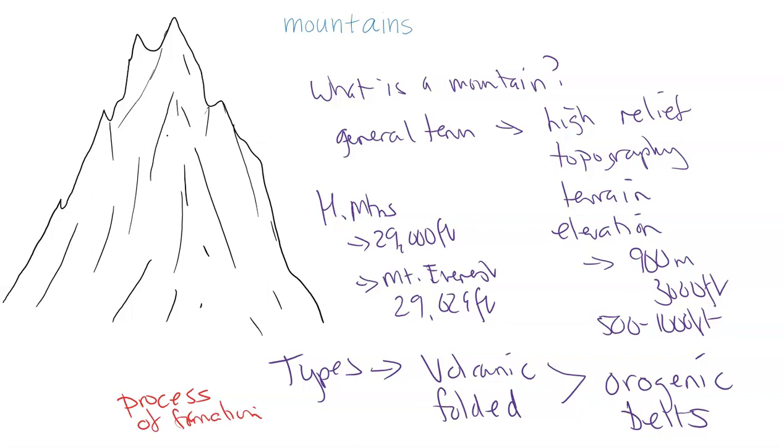So volcanic is obviously magma in nature. You're going to have some magma, either from a hot spot, or an intrusion of the asthenosphere, or you'd have some subduction where you have flux melting and the rising of magmatic material up through the crust.